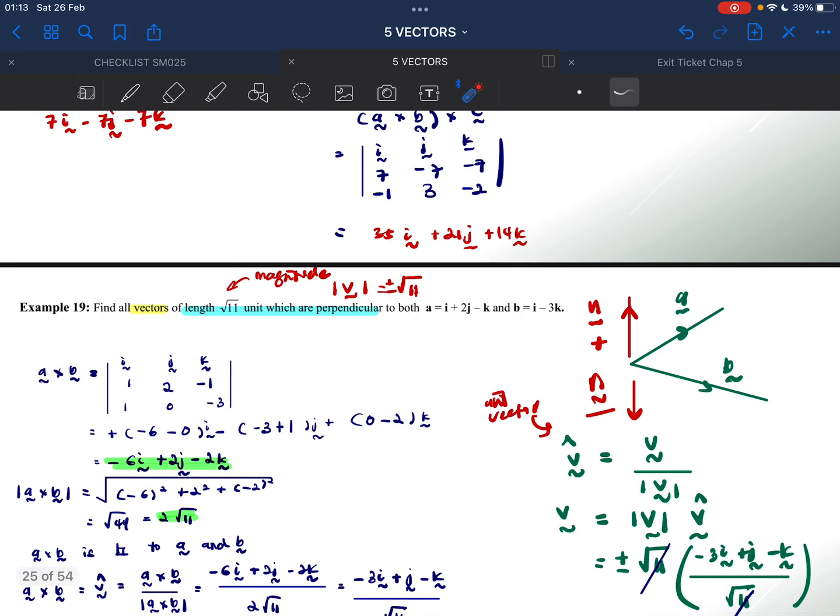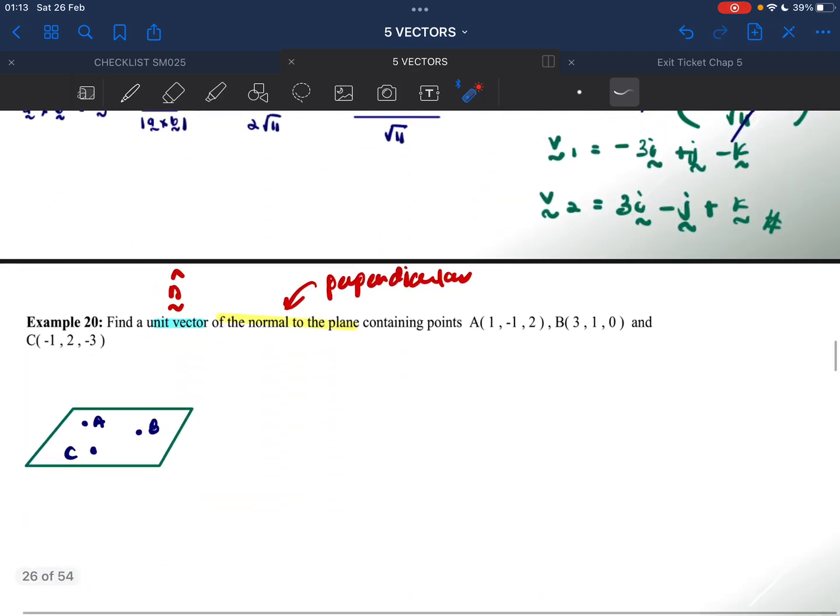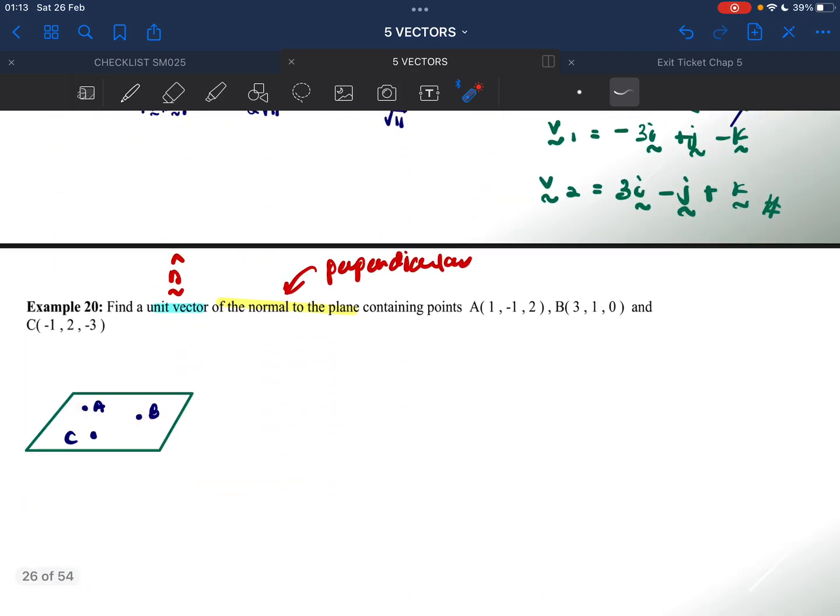As in the previous example, we have vector A, vector B, and this is the normal. From here we have 3 points. What you have to do is find the direction vector of AB and the direction vector of AC, then only can we find the normal. You have to find the direction vector first.